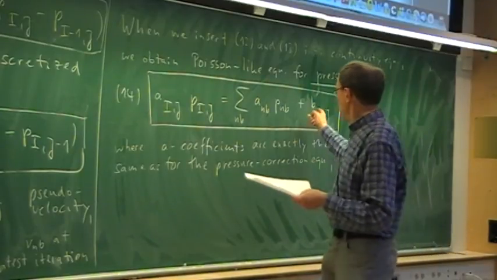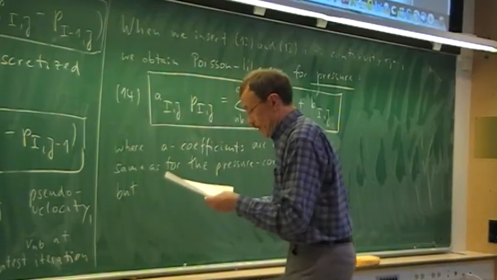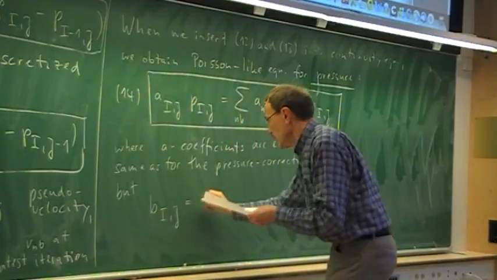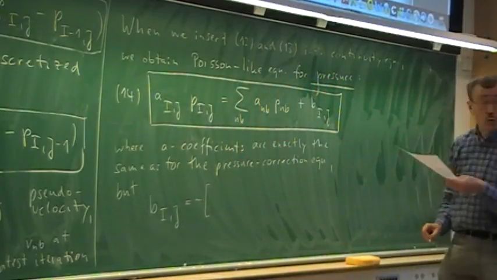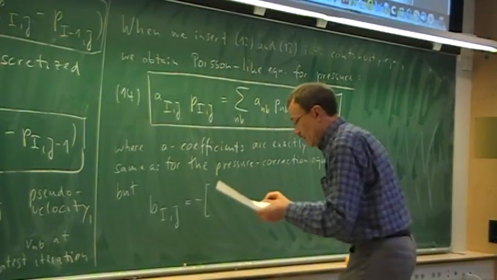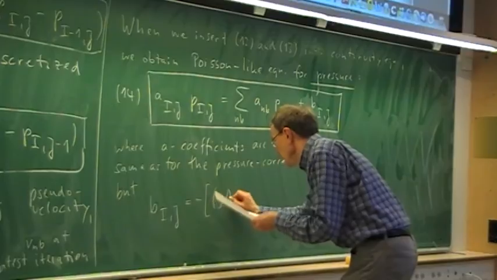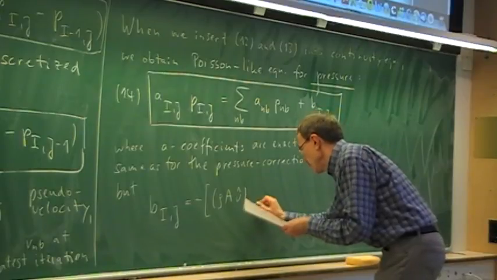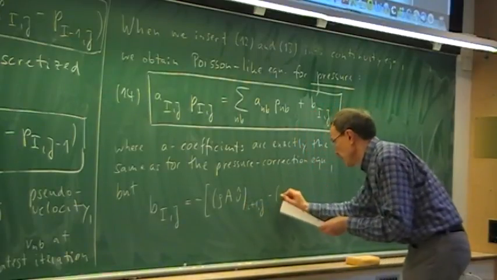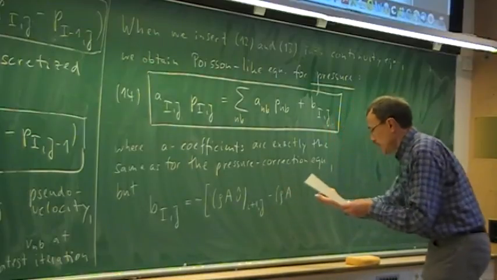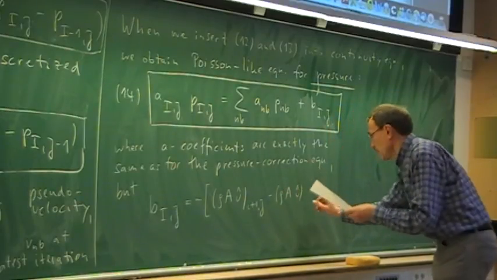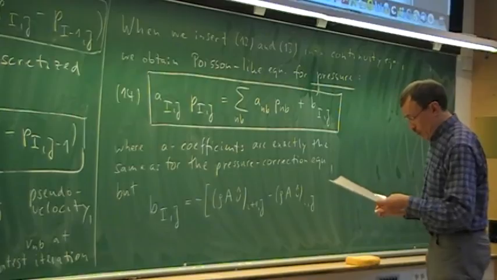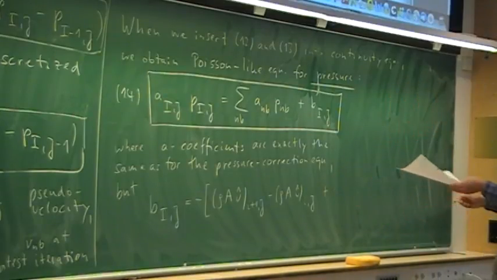But the difference is the B. The B, that is the source term here, is defined in terms of the pseudo velocities. So that is rho A u hat at I plus 1 j, minus rho A u hat at ij, and then we have the contribution from the east and west.